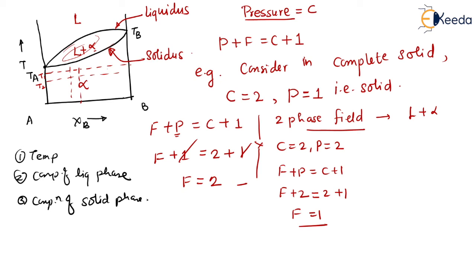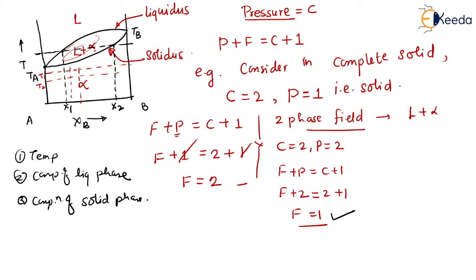That is, if I choose any arbitrary temperature, the composition of these two phases, for this the composition is here, say this is x1, and at the solidus line the composition x2 will get automatically fixed when I fix only the temperature. So that is the meaning of degree of freedom 1 here, dear students.